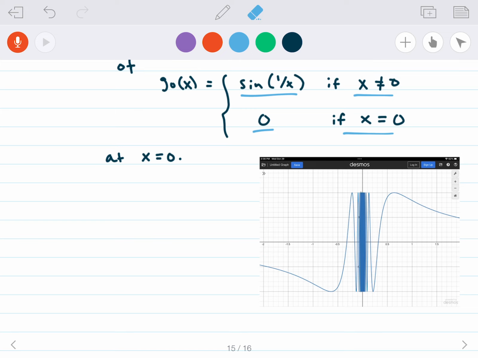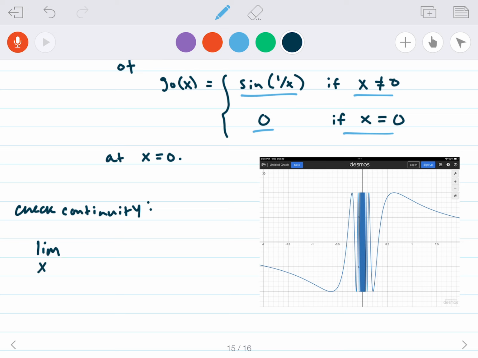So let's prove that this is not continuous, and then we know that if it's not continuous, it's certainly not differentiable at 0, but not the other way around. You always want to check continuity first, because if it's not continuous, it's certainly not differentiable. So is it continuous at 0?